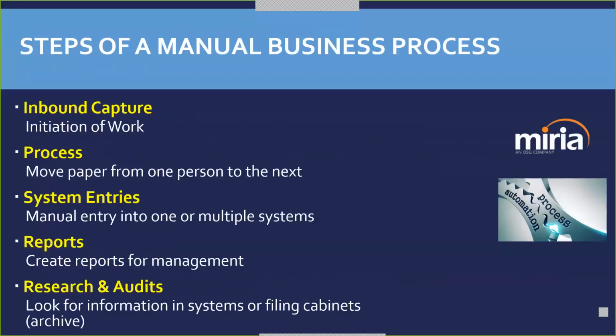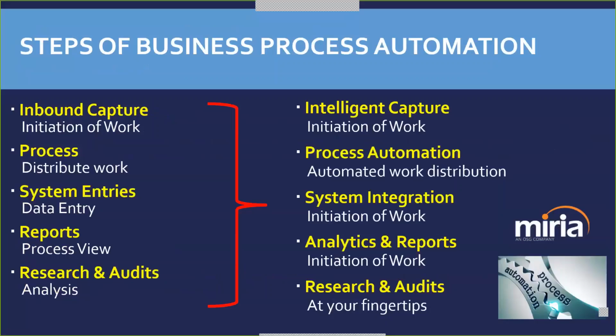And when we try to apply business process automation, what we try to do is to streamline every step of the way. For example, we have some customers, and I'm sure you've seen some of these as well. When an email comes in, it's coming in electronic form, and if you're doing everything manually, you would find some organizations actually have to print out that email and then take action on it or distribute it.